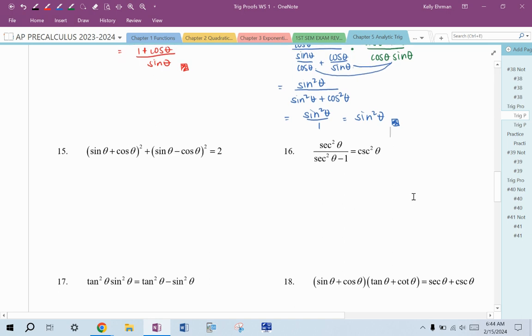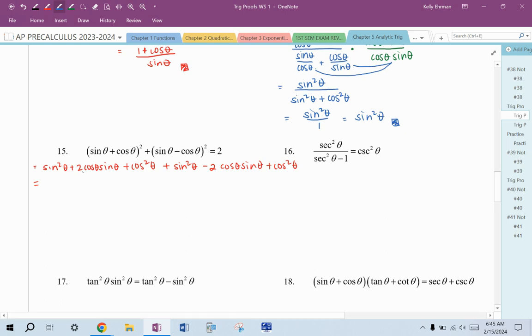On to number 15. So I see a couple of binomials that are being squared, so we should probably just square them out. So sine plus cosine will become sine squared theta plus 2 cosine theta sine theta, in any order, I could have written sine cosine, plus cosine squared theta, and then plus, when we square out the second binomial, we get another sine squared theta minus 2 cosine theta sine theta plus cosine squared theta.